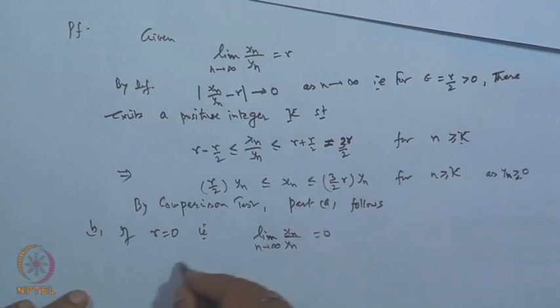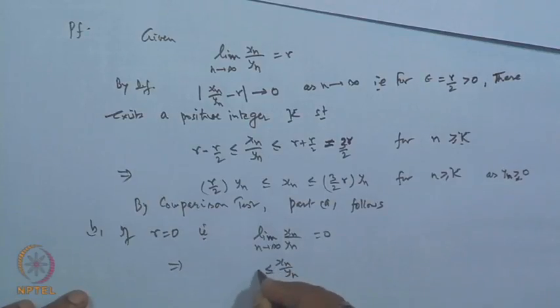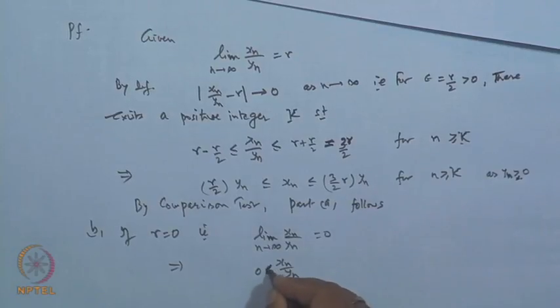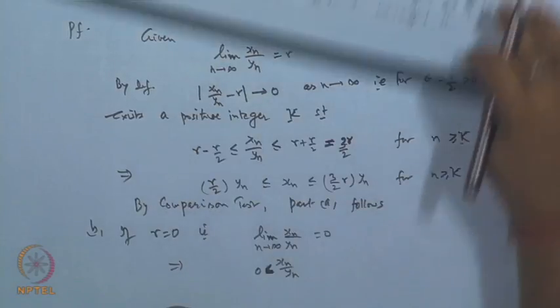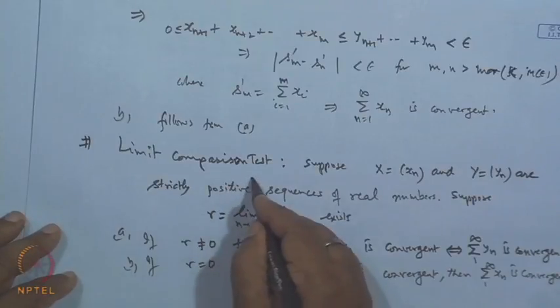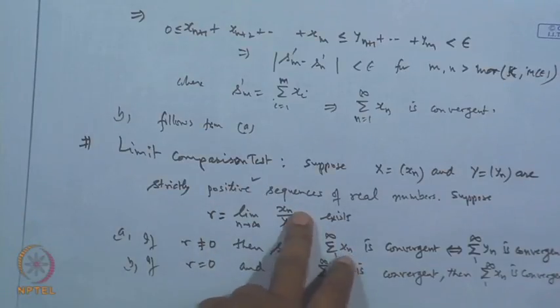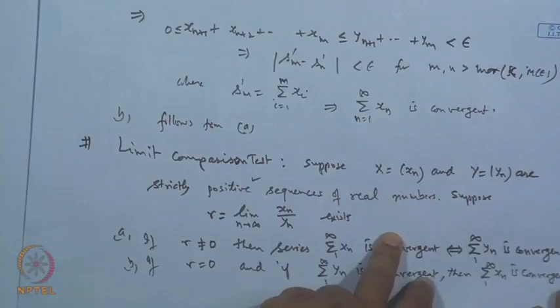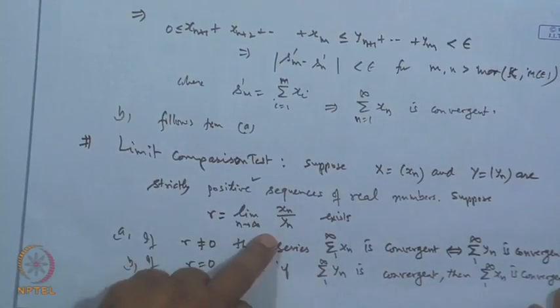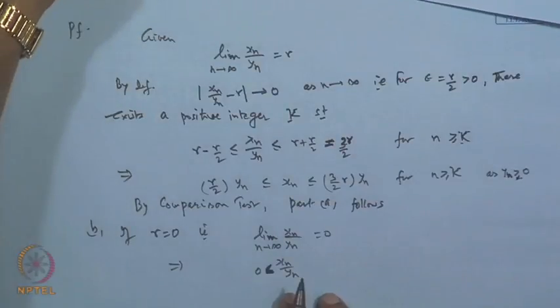So clearly x_n over y_n will always be greater than or equal to 0. In fact, it is strictly greater than 0, because these are strictly positive sequences of real numbers.